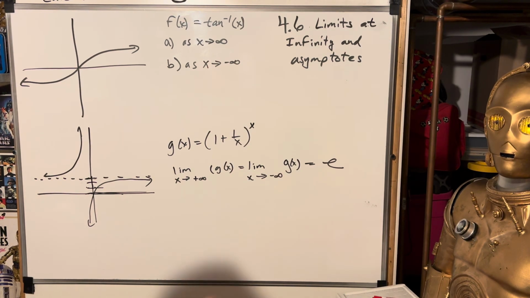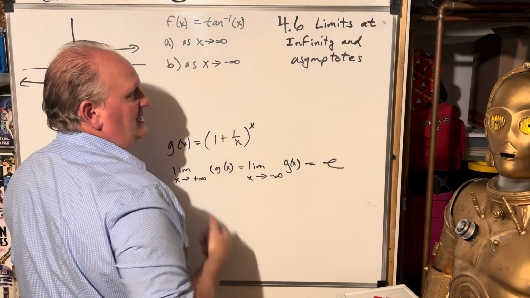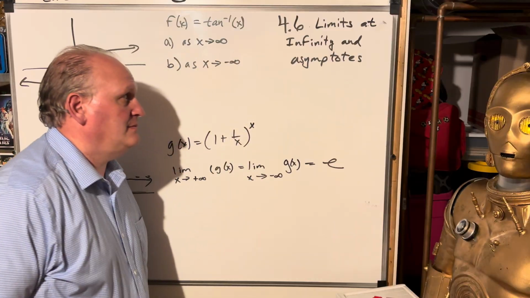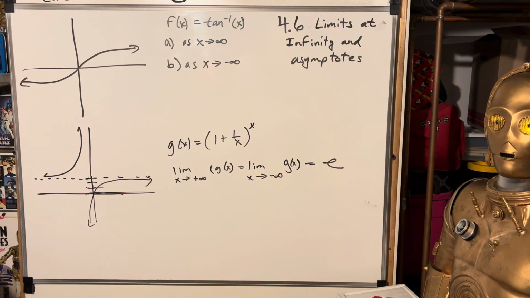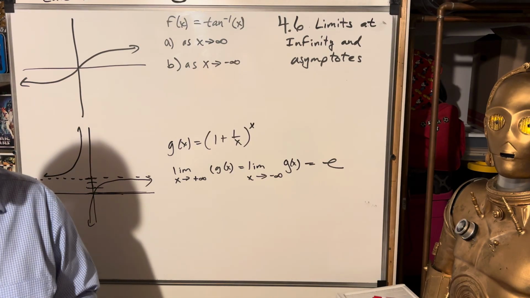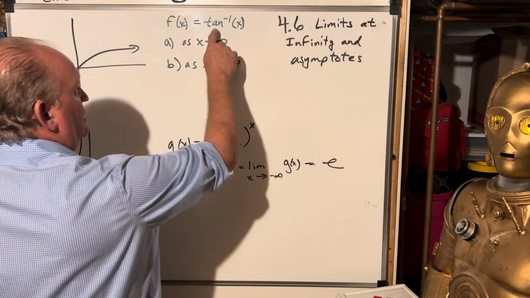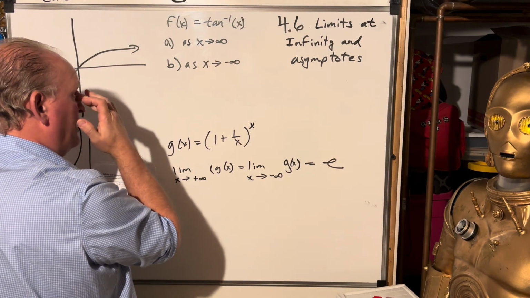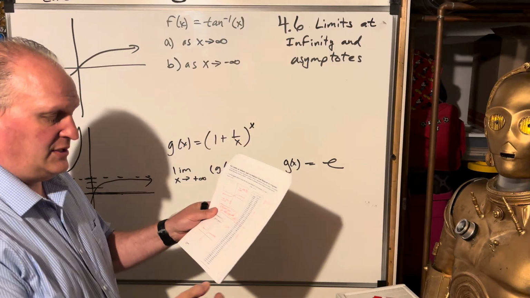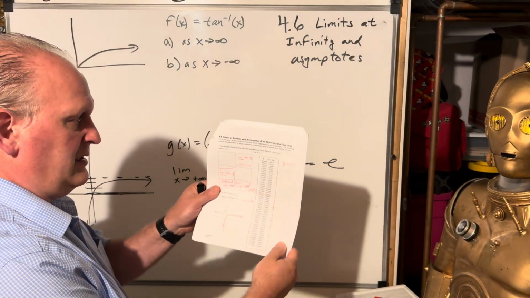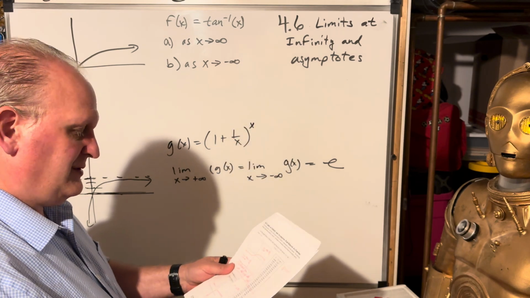This is Calculus 1. We're looking at 4.6, limits at infinity and asymptotes. Oh boy, let's get a move on here. We're looking at the inverse tangent, the arctangent. So f of x equals the arctangent of x. On page 22 of the note packet, chapter 4, they built a little bit of a chart.